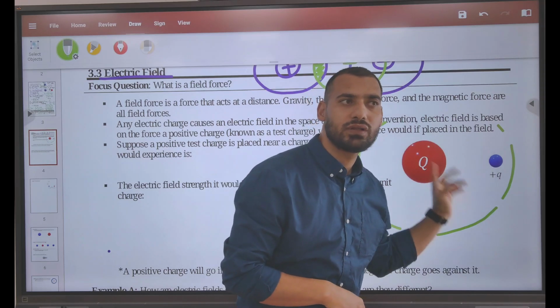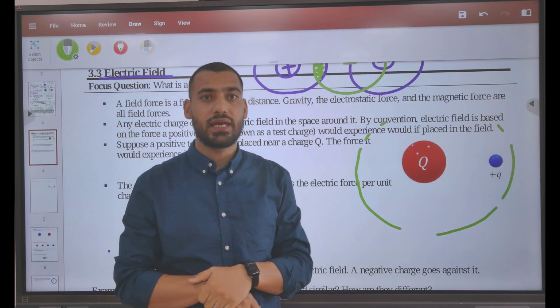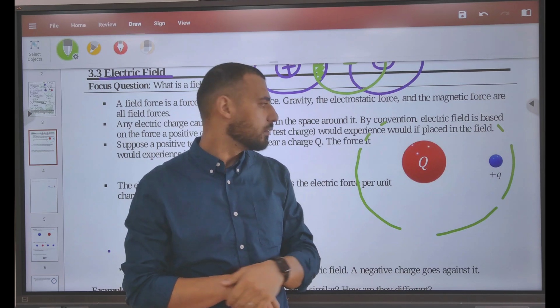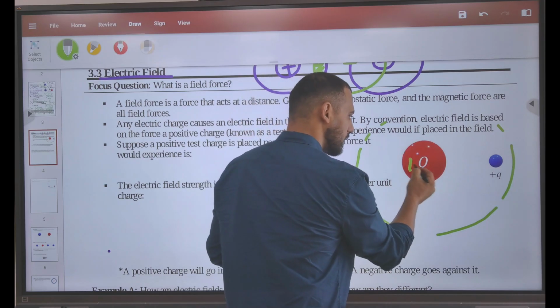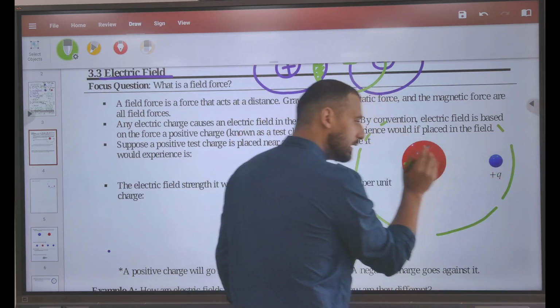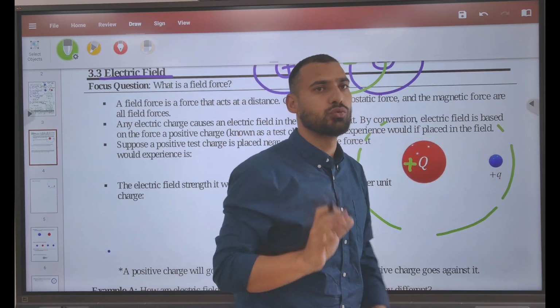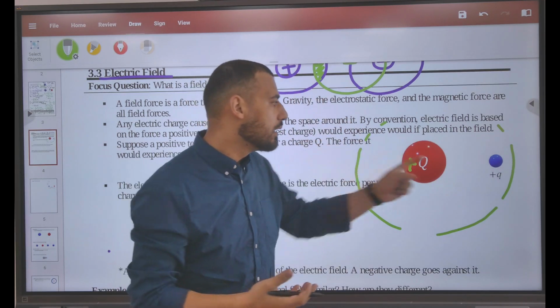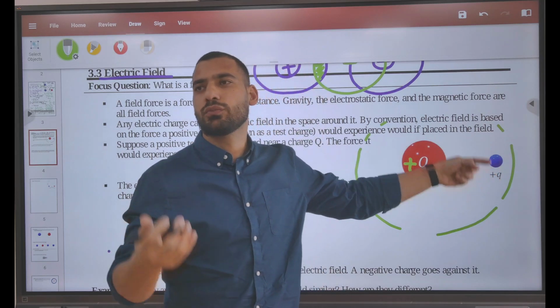Will they attract or will they repel? This is also positive, this is not negative. They will repel. That means this source charge will not move because it is big enough. Okay, it has more mass, so it will not. But this charge has a tendency to move because it is very small.